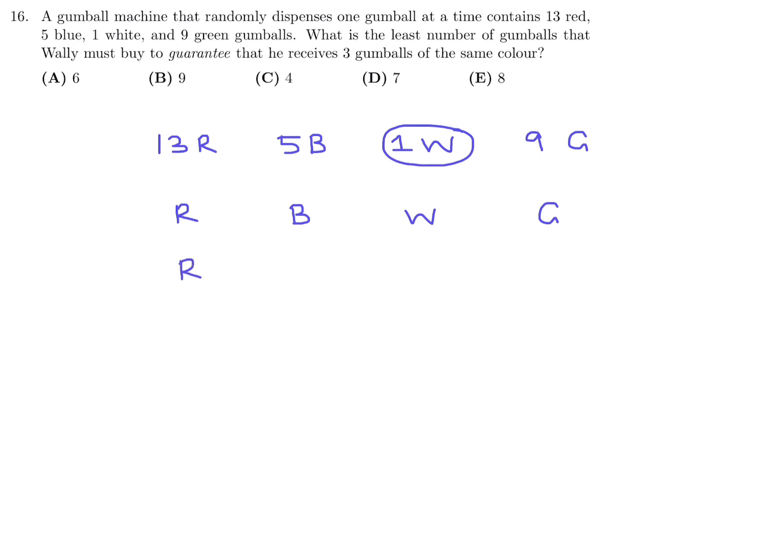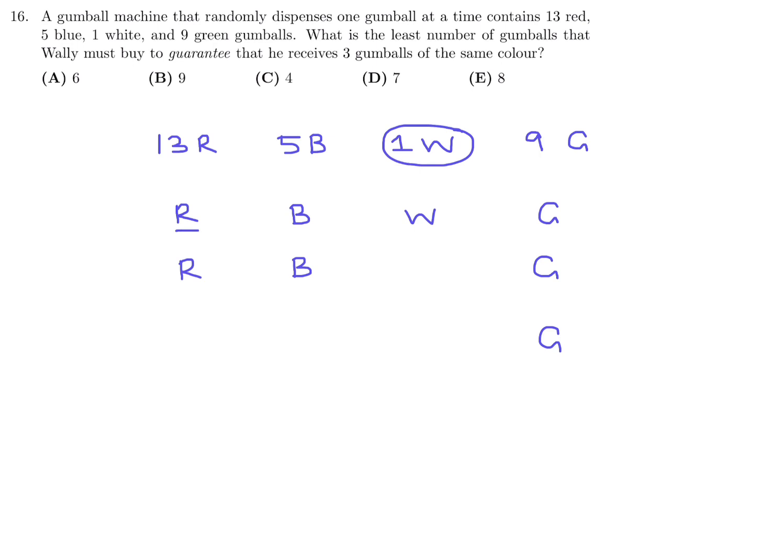Let's say our next round we choose a red, a blue, and a green. We can't choose a white because there was only 1 white and we already chose it. Again, we have not reached 3 of any same color. But the very next choice, whether it's a red, a blue, or a green, will guarantee that you've got 3 of the same color.